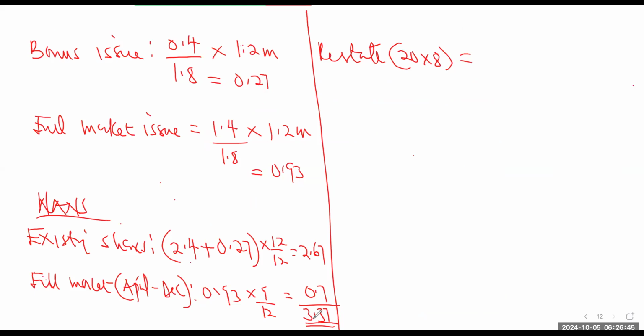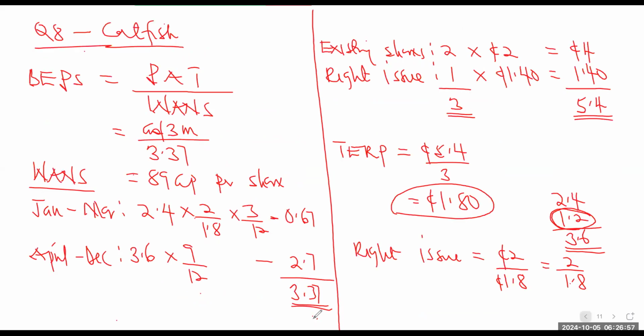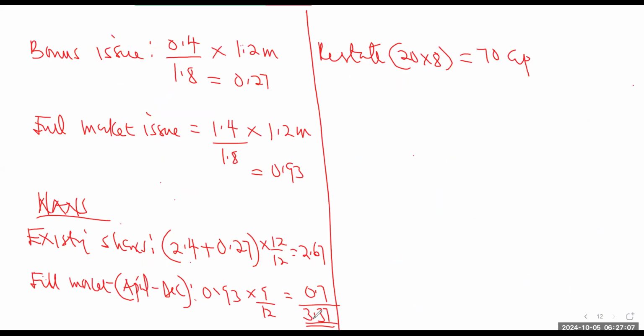Let's see, the earnings per share for that particular one was actually, let's say, 70 pesos. Because there's a bonus issue, the bonus issue will be affecting the earnings per share also. How do we do it? You change the right issue fraction, the way we did the first one. So that will be 1.8 divided by 2, and that will give you your restated, or the restated earnings per share for the previous year. That's how we go about that one also.